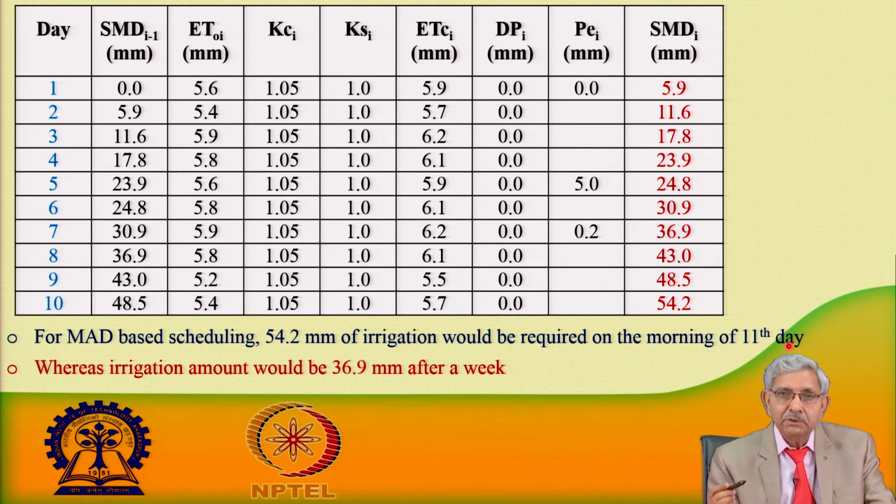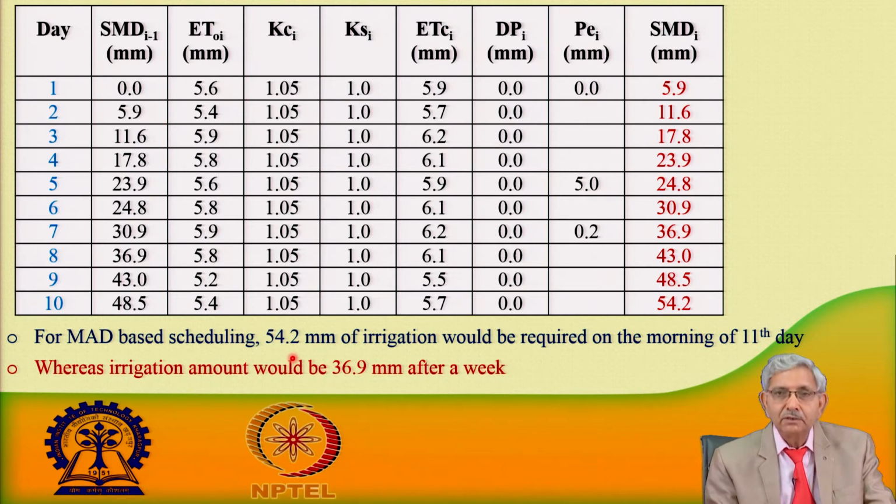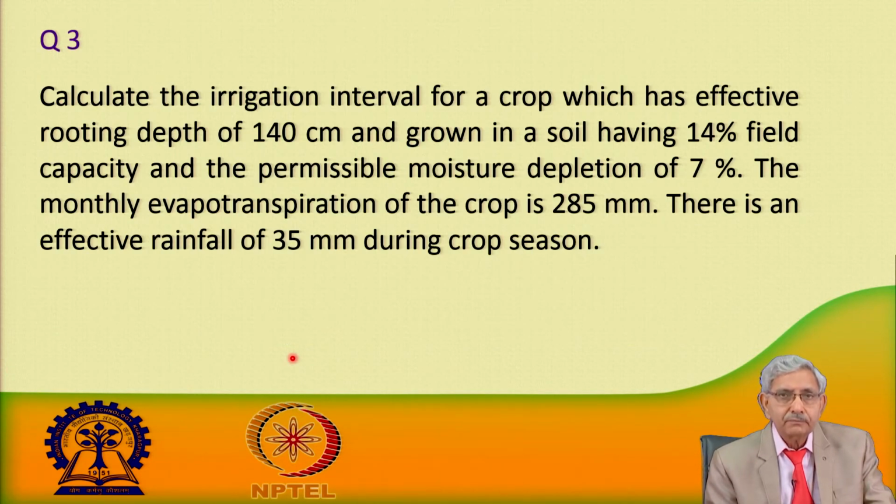On the morning of 11th day, 54.2 millimeter will be the depth of irrigation, whereas when we are giving irrigation based on weekly period, on 7th day when you are doing it, this is the depth of water which will be needed on 11th day after a week. So, this way one can work out these values.